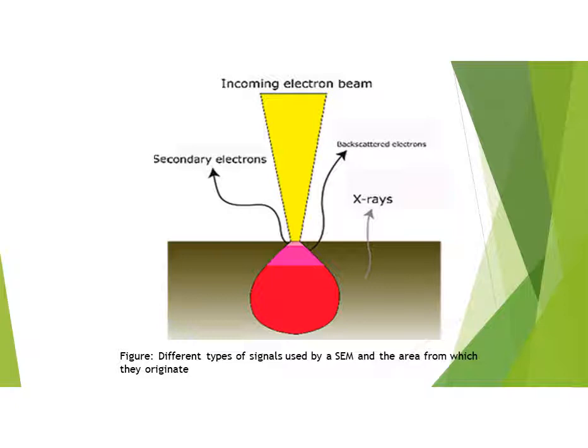After striking the sample, which is shown by the dark color, these electrons become scattered and become secondary electrons from the surface, and some electrons penetrate inside the sample. They become backscattered electrons, as shown in the dark violet part of the figure. Then the electrons that penetrate more deeply inside the sample come back in the form of X-rays, which are shown with a red color in the diagram.